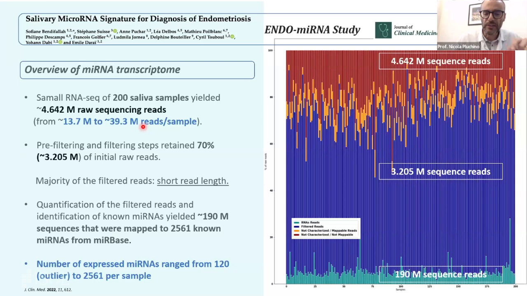This is in order to identify at least 2,561 microRNA that are known to be expressed in the human body, and specifically in the saliva.